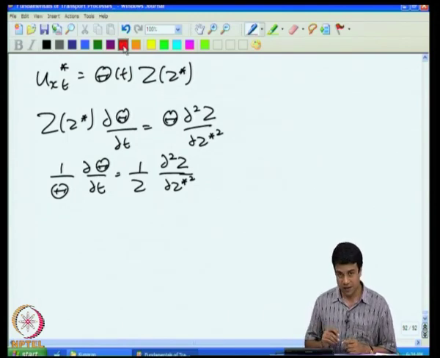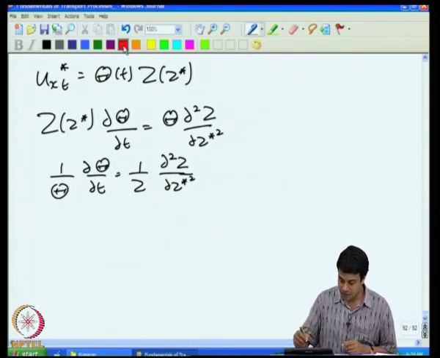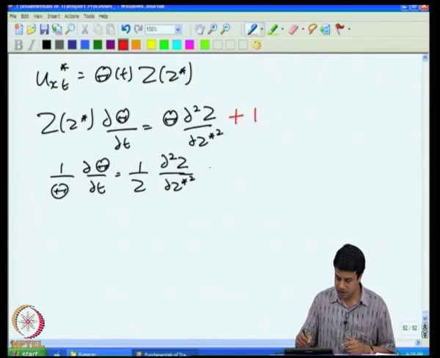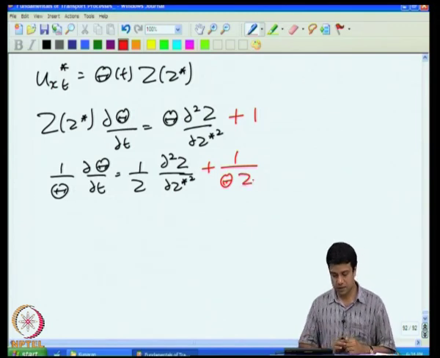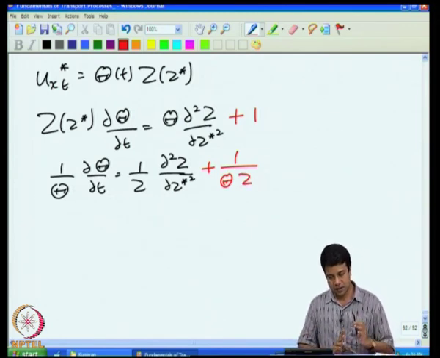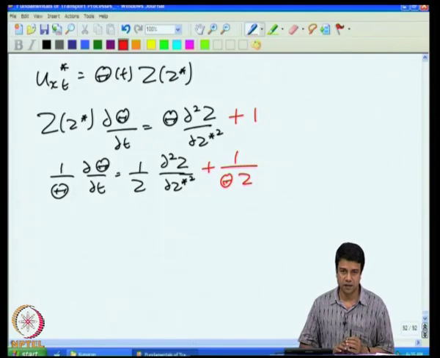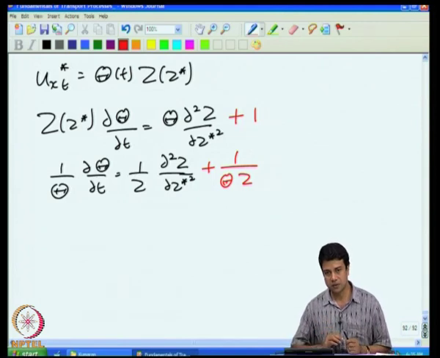If on the other hand I had an inhomogeneous term here, something like plus 1 in the present case, I would have got something that goes as 1 over theta times z. And then I could not have done a separation of variables, because the right hand side also contains a function of time. So, it is essential when we do separation of variables that the equation be homogeneous.